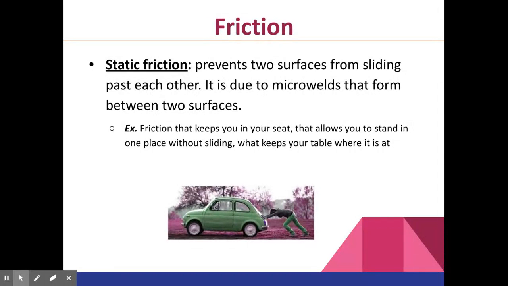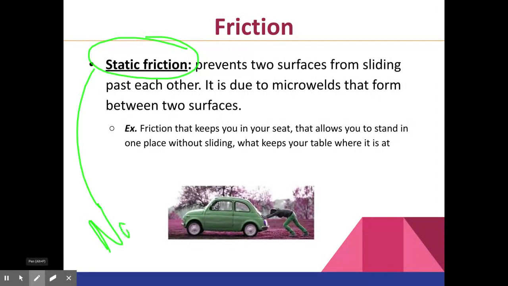That's static friction. And what's important and easy to remember is, if you know what static means, it means no change. Static means no change. That's a good way to remember the difference between static and kinetic.